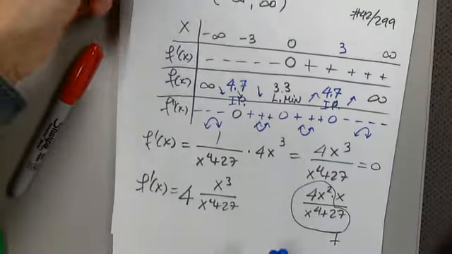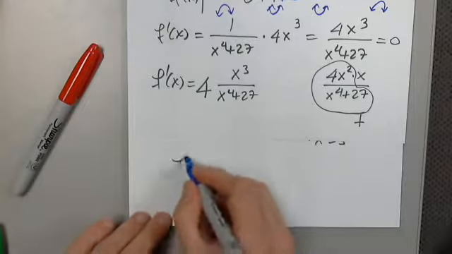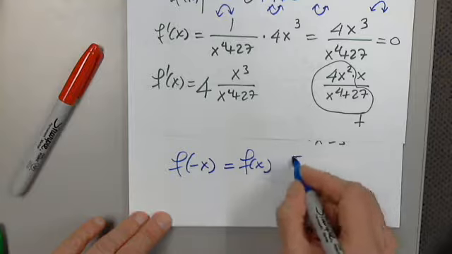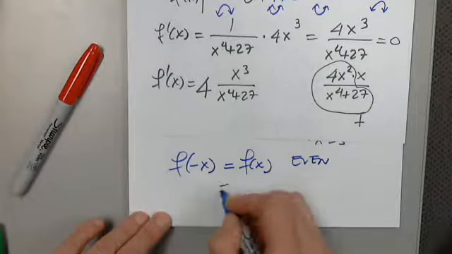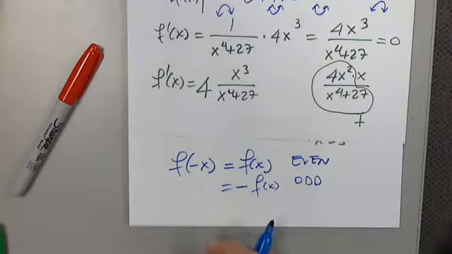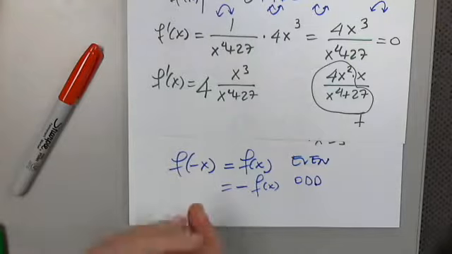And now symmetry. Remember, we have to determine f of negative x. If it equals f of x, the function is even. If it equals the opposite of f of x, the function is odd. Both cannot happen at the same time.